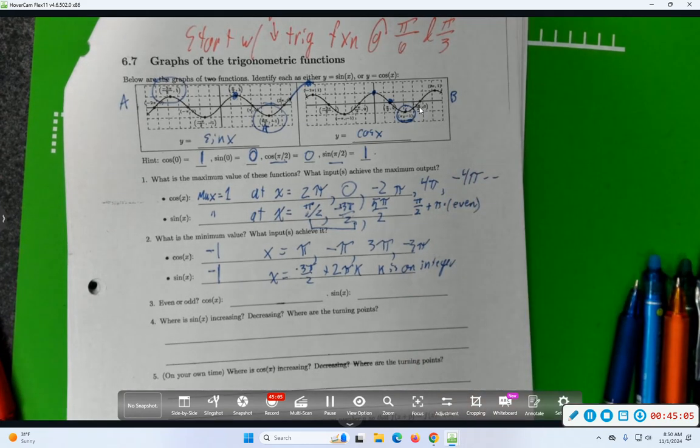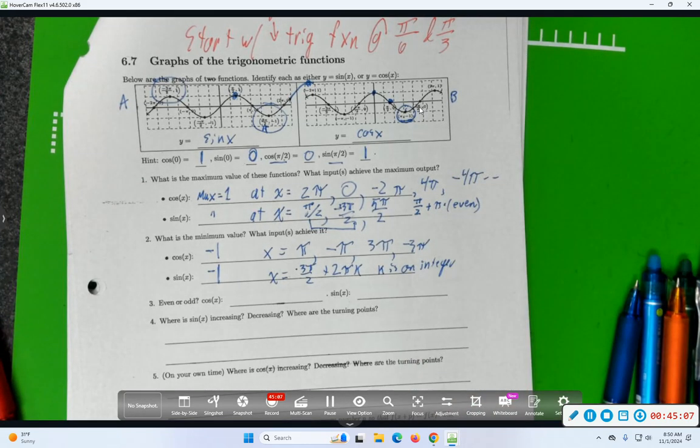And you know what? Two more words: even or odd. Sine, cosine, does that look even, odd, or neither? Or both? How do you tell if it's even or odd? Cosine would be even.